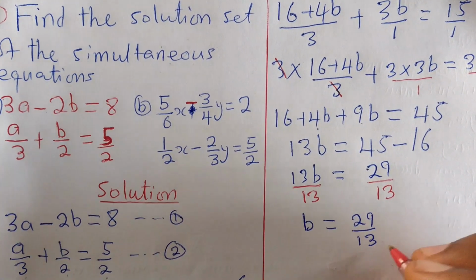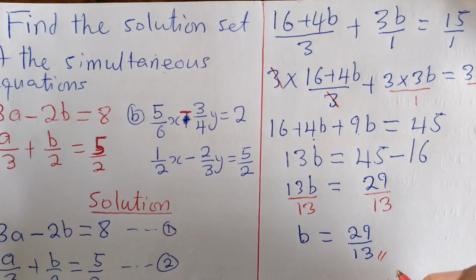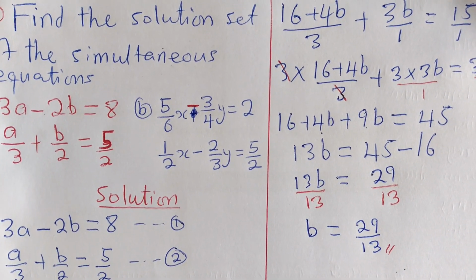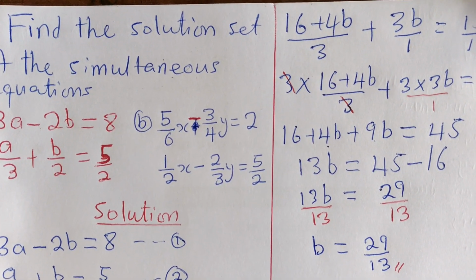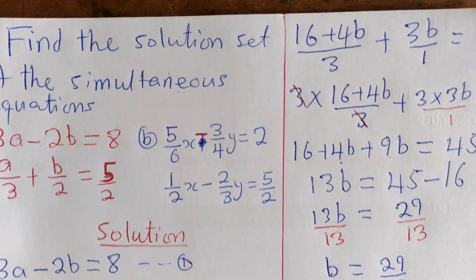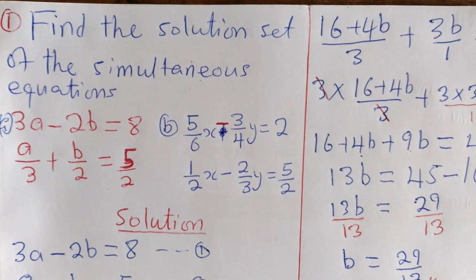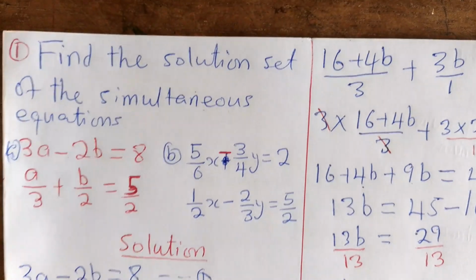So this is b. Now we have to find a. But don't forget, from the beginning, we made a to be the subject in one of the places. So I just want to use that one straight.